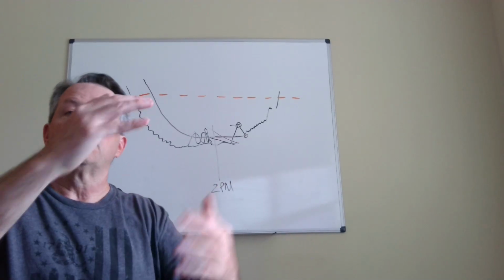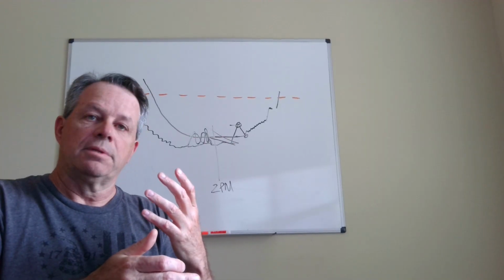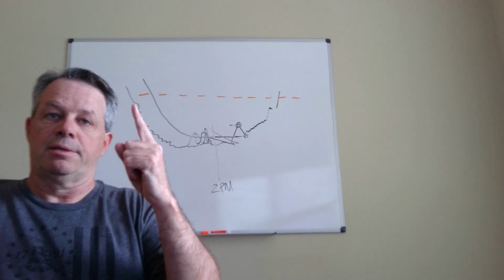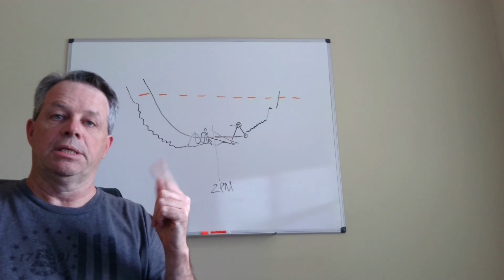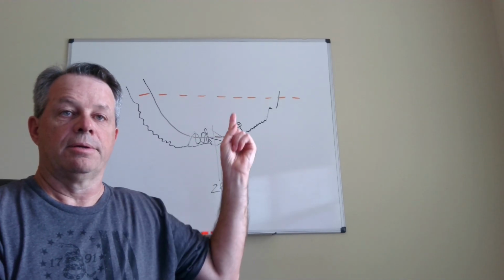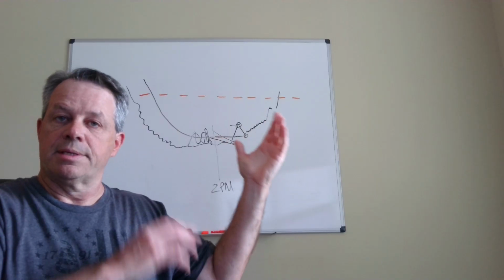It is an indication that the traders that moved this from here to here are going to be getting out. So they're going to move it from here back that way, at least.